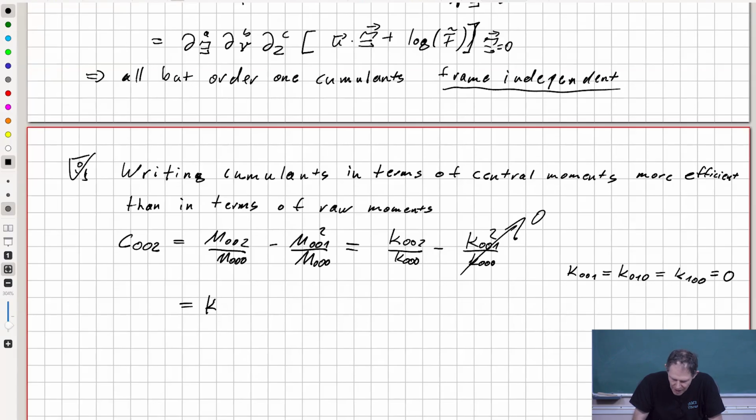Meaning that it is K002 divided by K000. And this, of course, plays a much bigger role the higher the order of the cumulant is, because for higher order cumulants the equations can and do get pretty long.